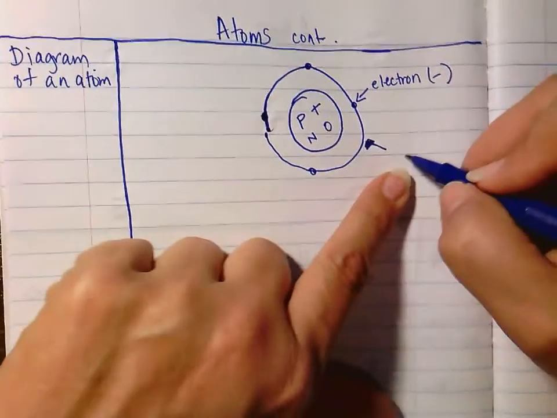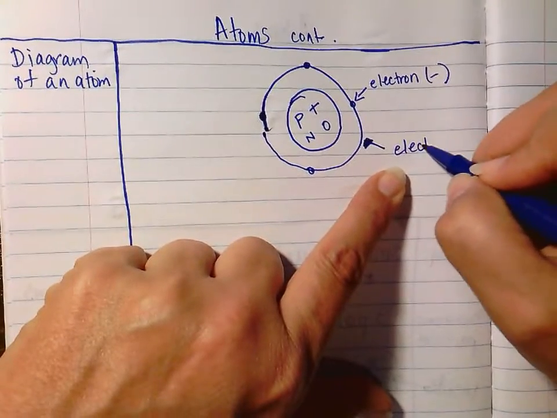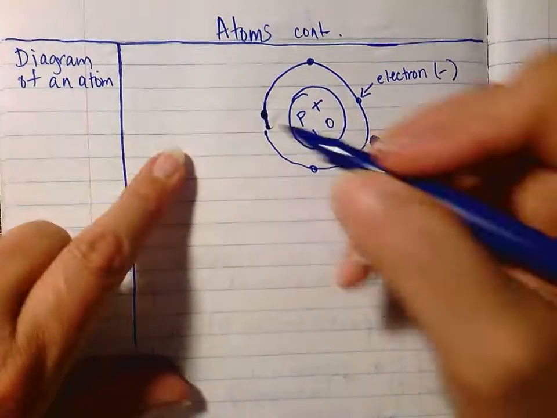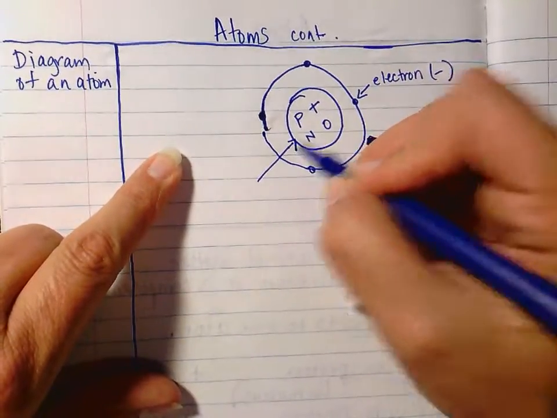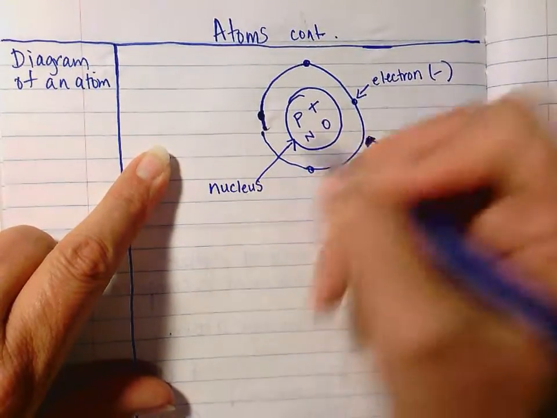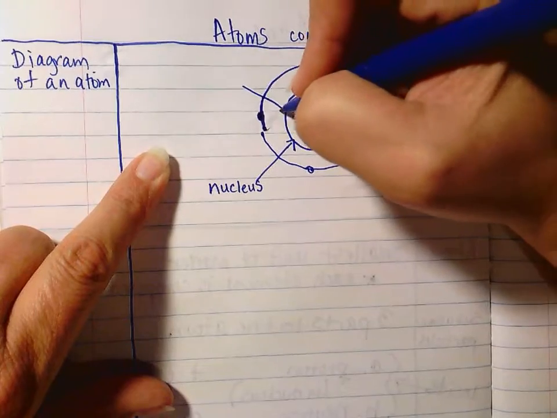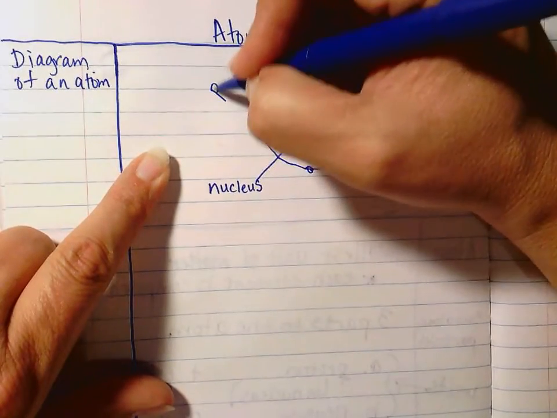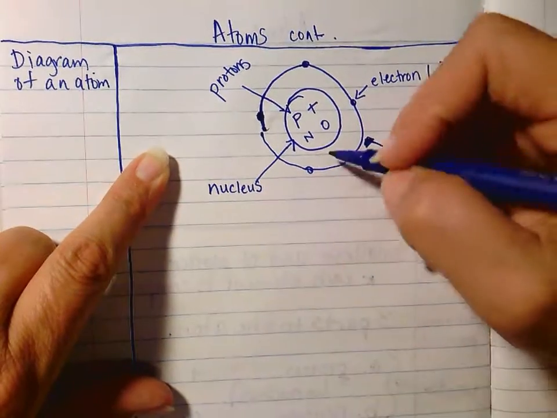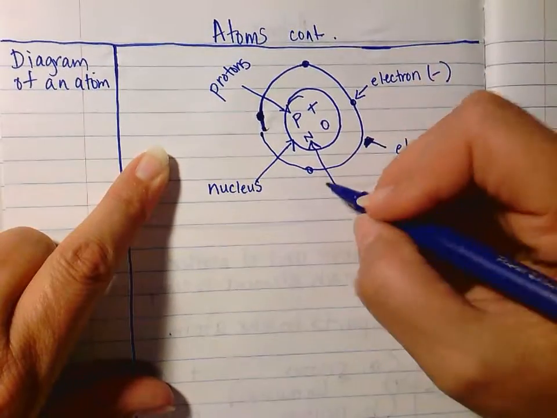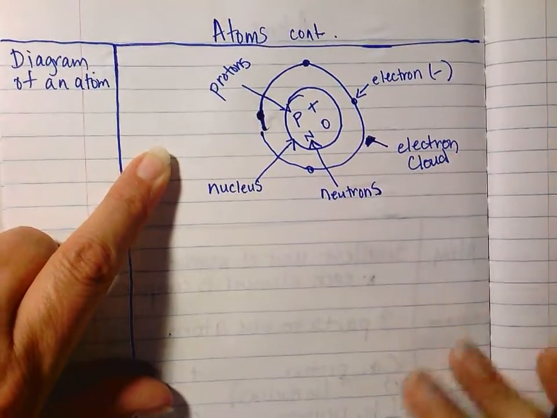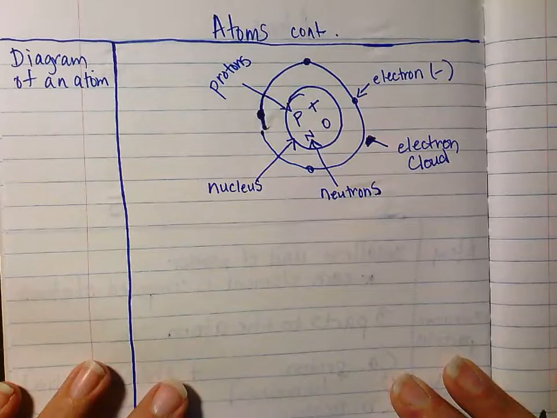That little ring is called the electron cloud. Okay? This inner circle right here is the nucleus. And inside the nucleus are your protons and your neutrons. Okay? So those are all the parts of the atom.